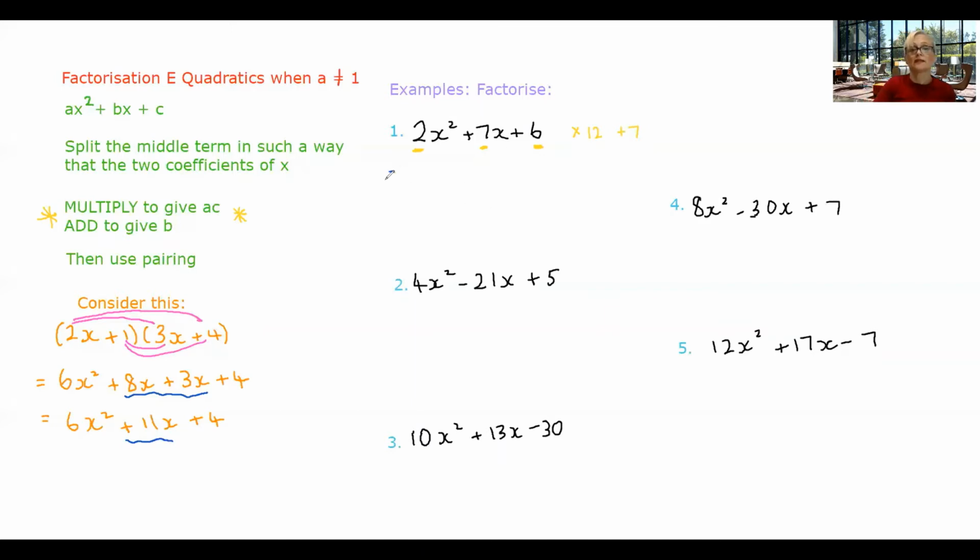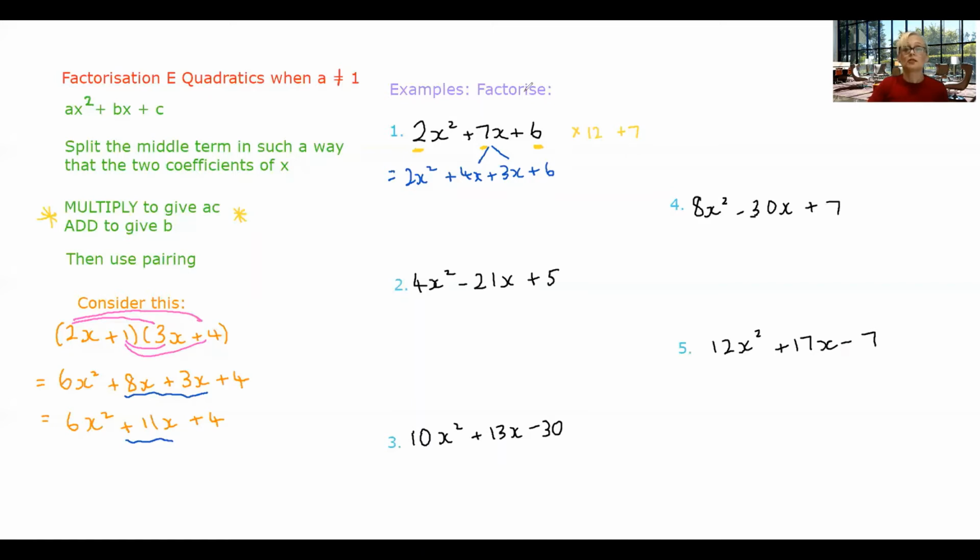So let's do that. This is fairly easy to find, these two numbers. 3 and 4 will work perfectly well. It doesn't matter whether you do your 4x plus 3x or 3x plus 4x. It really doesn't matter. Let's do maybe our 4x first. So I have split my 7x up into a 4x plus 3x.